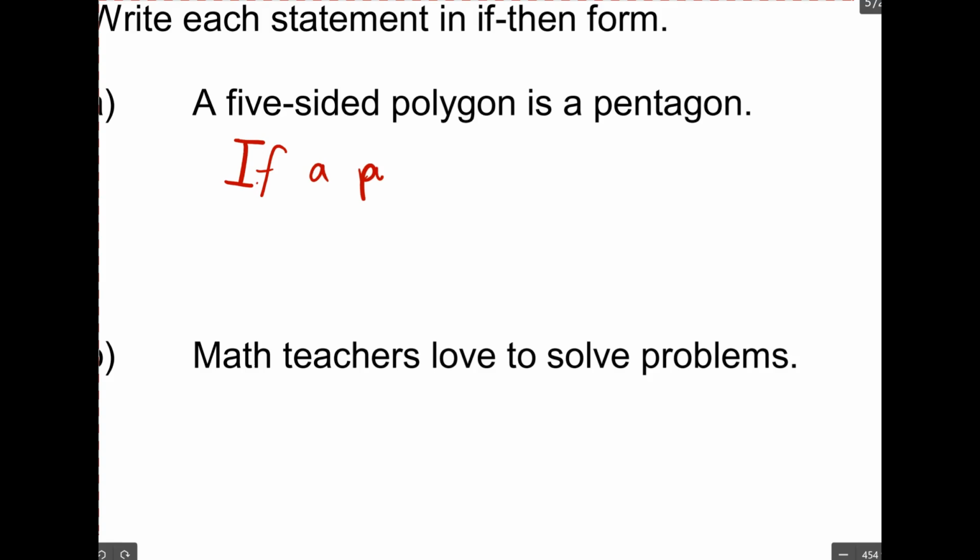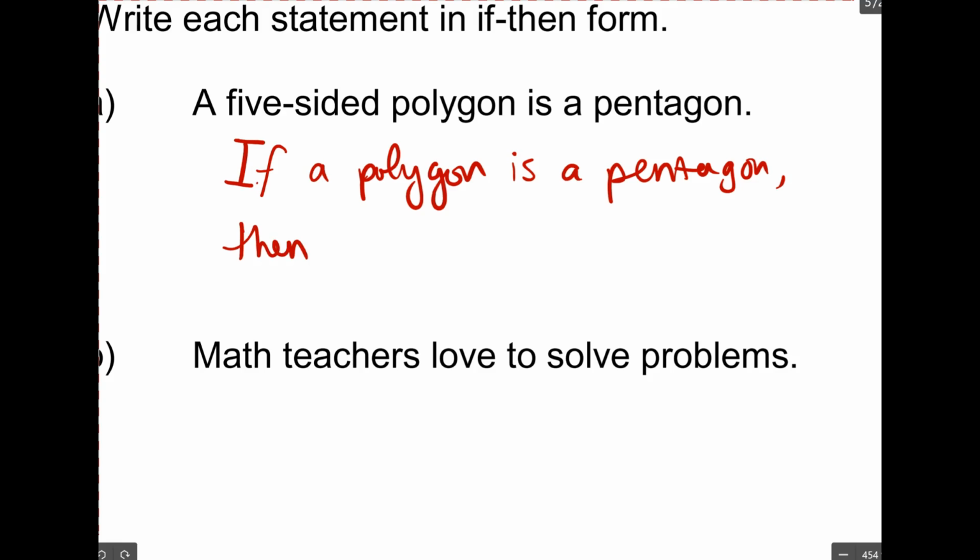I forgot. Did I say a pentagon is a polygon? Yeah, you said if a pentagon is a polygon. Okay. If a polygon is a pentagon, then it has 5 sides. I could also say, if a polygon has 5 sides, then it is a pentagon.